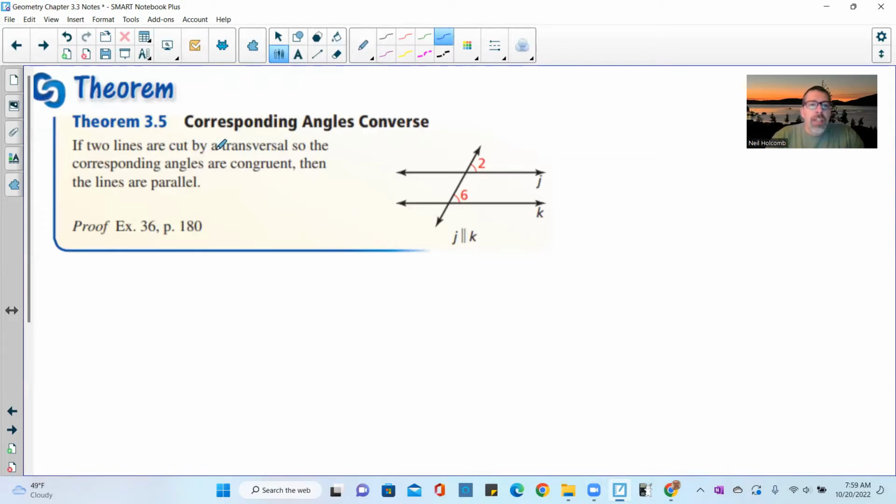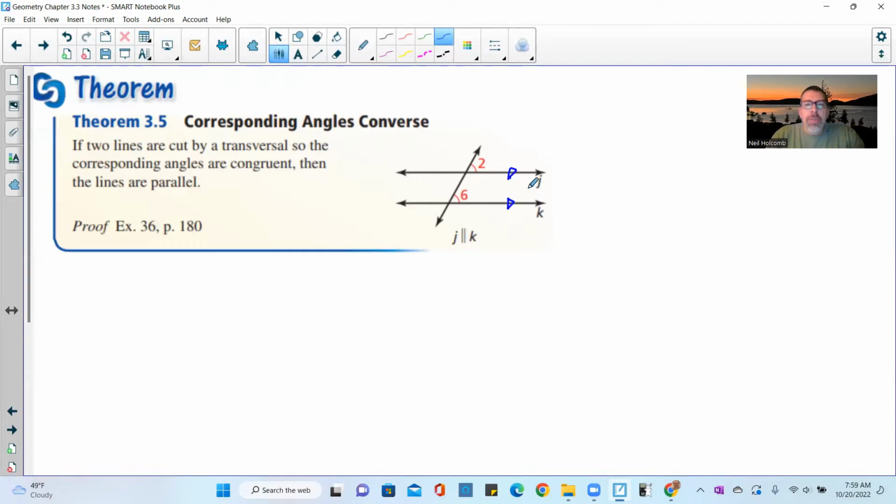You read it backwards. This one is, if two lines are cut by a transversal, so the corresponding angles are congruent, then we can prove the lines parallel. So it works both ways. Lines parallel cut by a transversal, corresponding angles are congruent. Two lines cut by a transversal, and we know the corresponding angles are congruent, then we can state the lines are parallel. Hopefully that made sense to you.